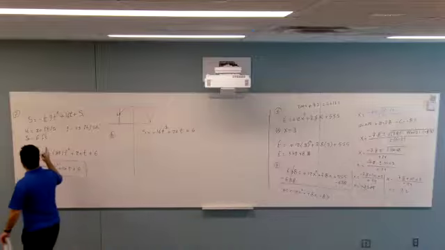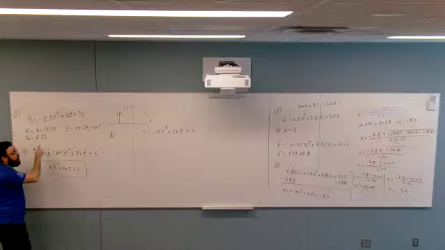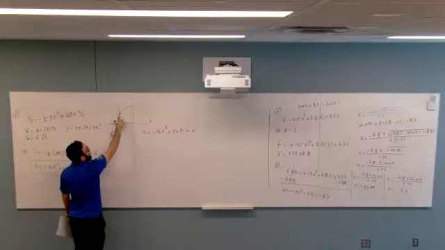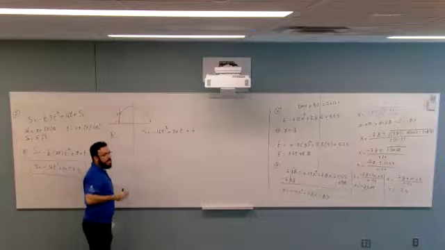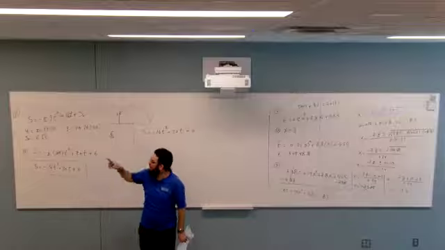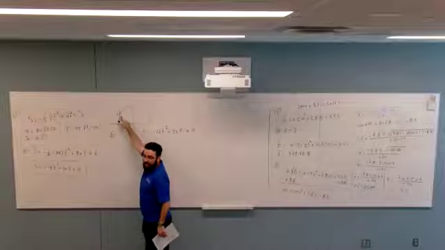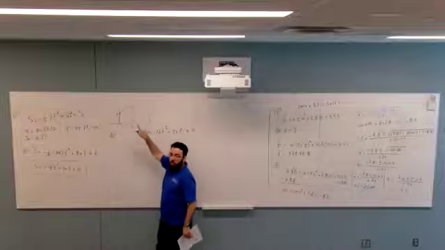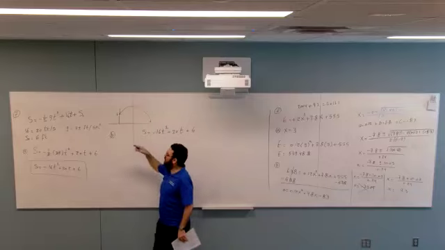S refers to the height, right? We start the arrow here. So S is the position of the arrow, which at the beginning, the initial, is 6 feet, right?